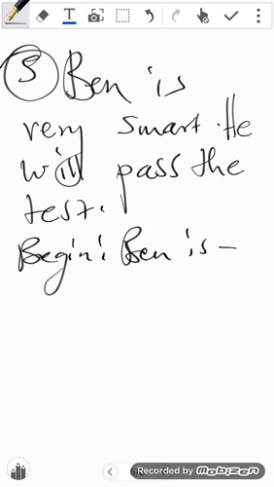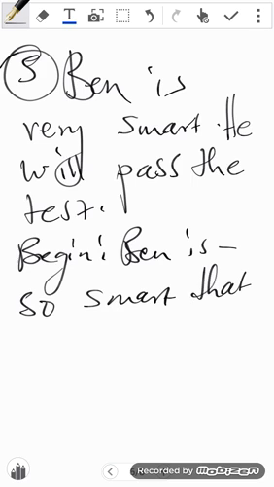So what are we going to say? So we'll write by saying Ben is so smart. Full stop. We'll say what? That. So Ben is so smart that he, if you want, you could say Ben is so smart that he will pass the test, or you can say Ben is so smart that he cannot fail the test.